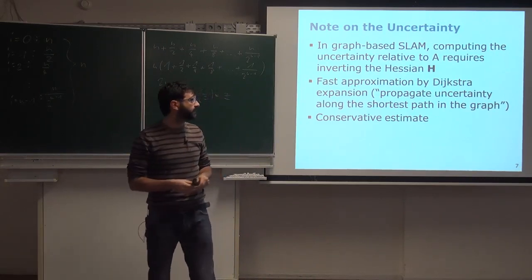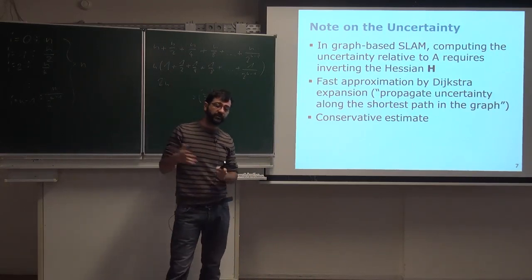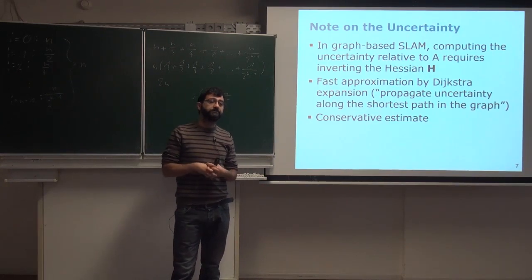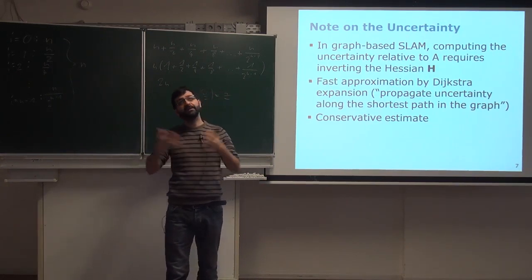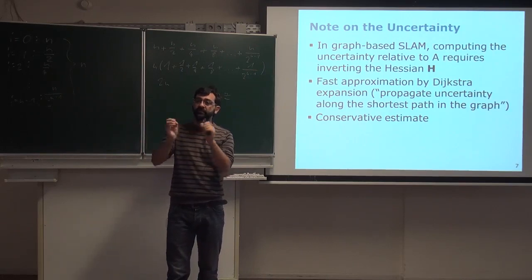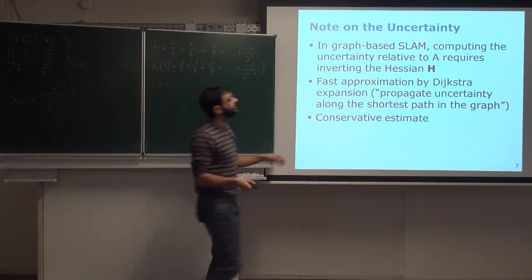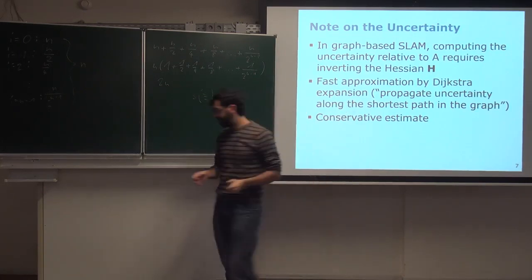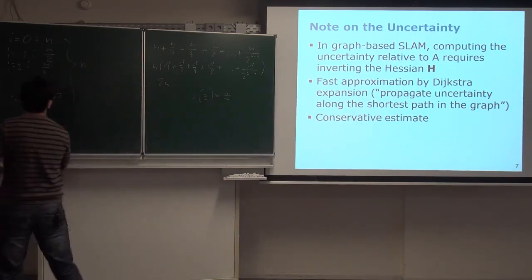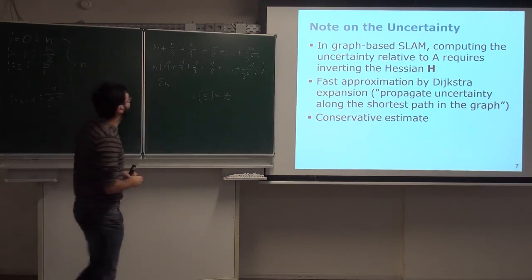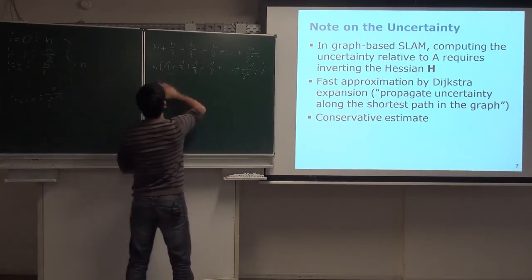So what a good approximation for this will be is to compute a spanning tree or to compute a quick search on the graph. Okay, so the idea is what is called here Dijkstra expansion, and the idea somehow is to just do it quickly like this.